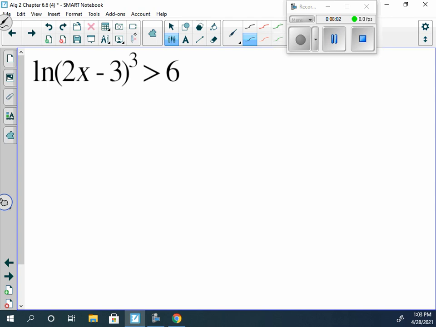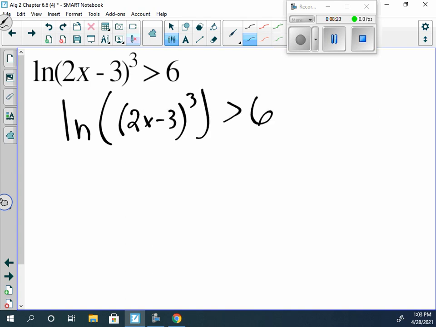Because depending on how you type this in for some calculators or some systems, it thinks the natural log itself is being cubed. But it's not. It's just the 2x minus 3. So really what we're looking at is the natural log of 2x minus 3 cubed is greater than 6.